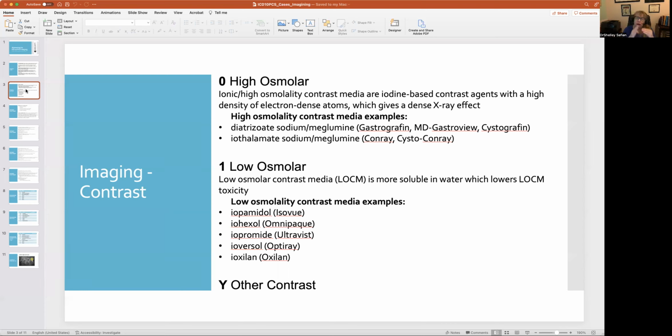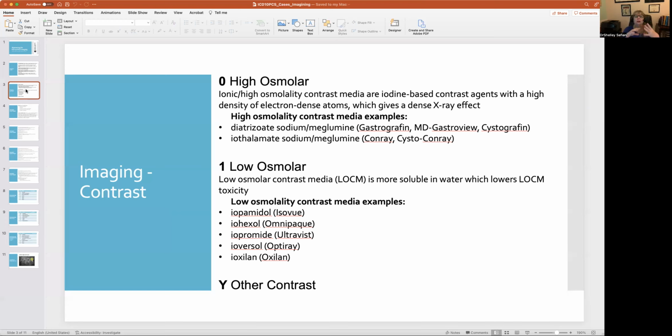You have to look at that record. You have to go through that patient record and look at what was injected into this patient to create that contrast. Was it high osmolar or low osmolar or something else? And remember, if you choose other, they're going to want an answer.